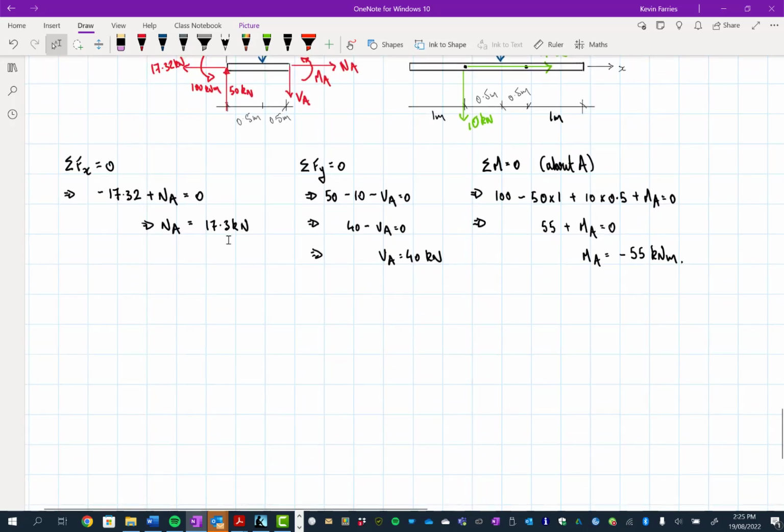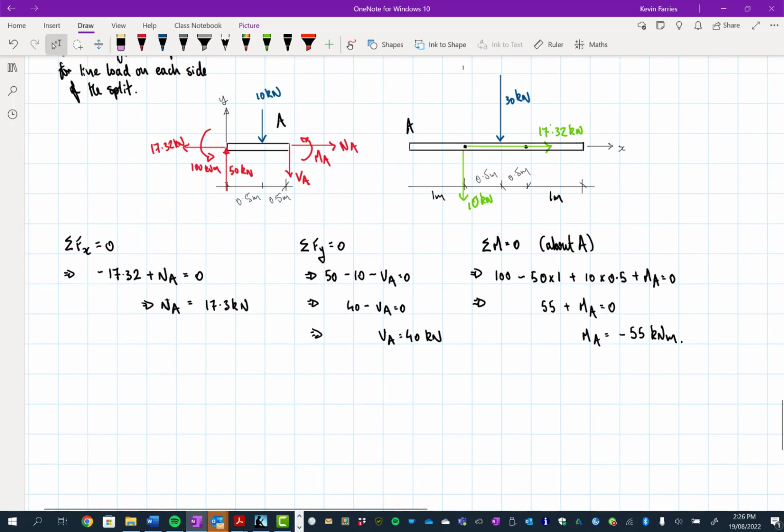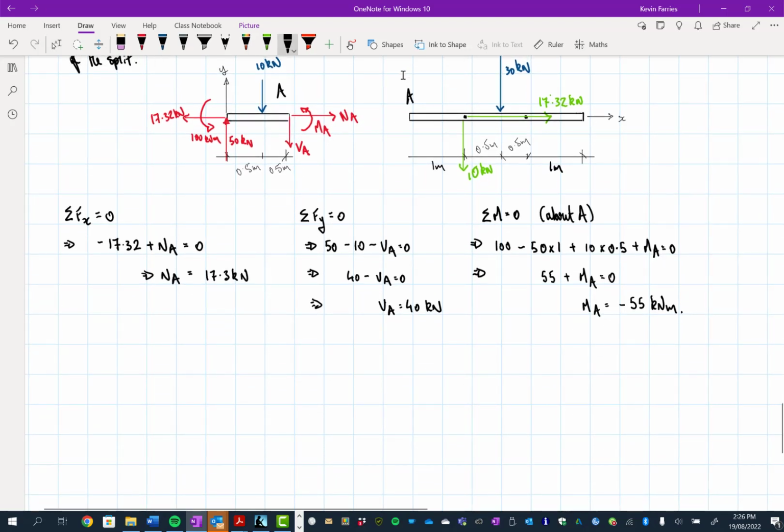So what we've found out now is the normal force 17.3, and it's come out positive, so that means this was right. And so therefore the tension, the axial force is positive 17.3 kilonewtons. So that would be tension.